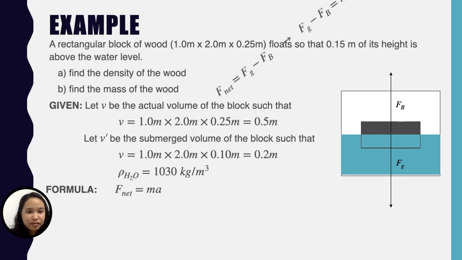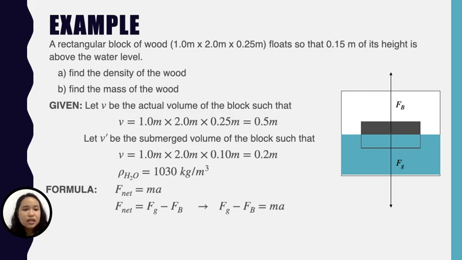We have F net is equal to Fg minus Fb. Why is it like that? Because those are the forces acting on the block of wood. In the previous problem, we set the force due to gravity as positive.